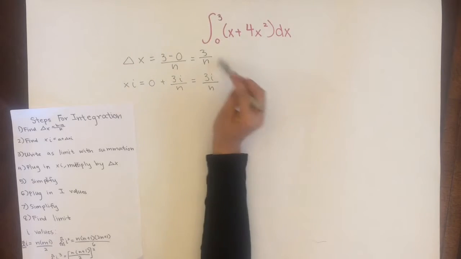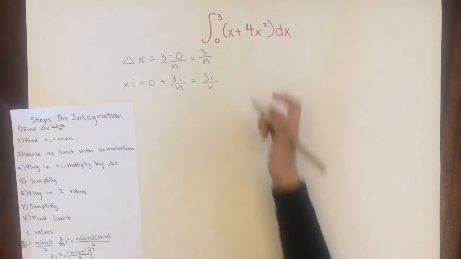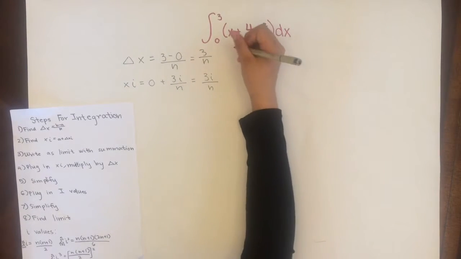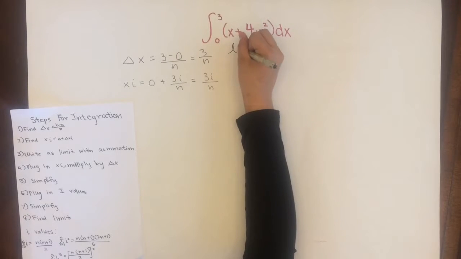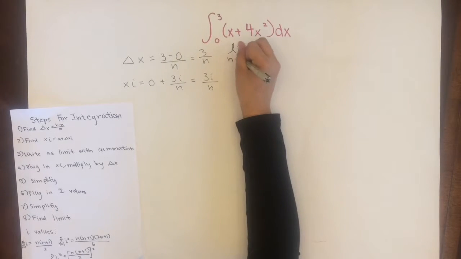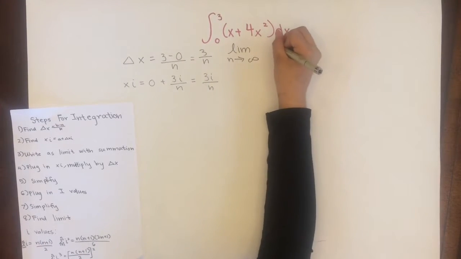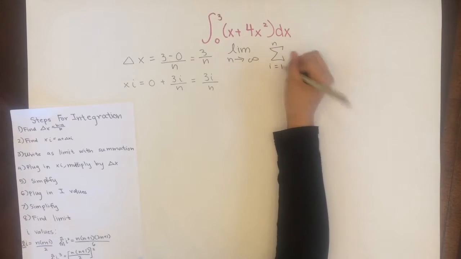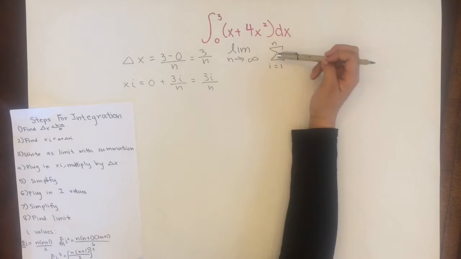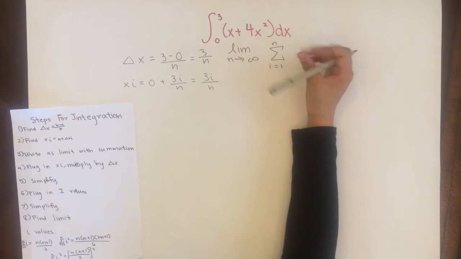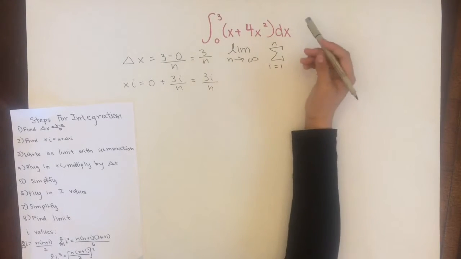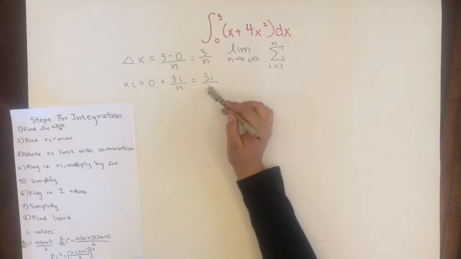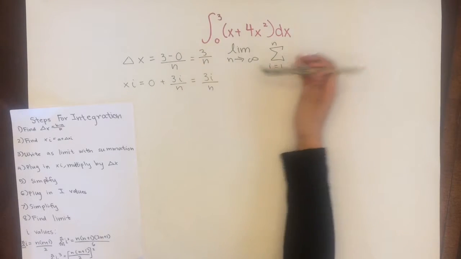So now that we've had these beginning functions, we can now put everything as a limit. So we have limit of n to infinity of summation. And here is the summation that we need to use for every type of these problems. And as I said before, now we plug in xi for every time we have an x.